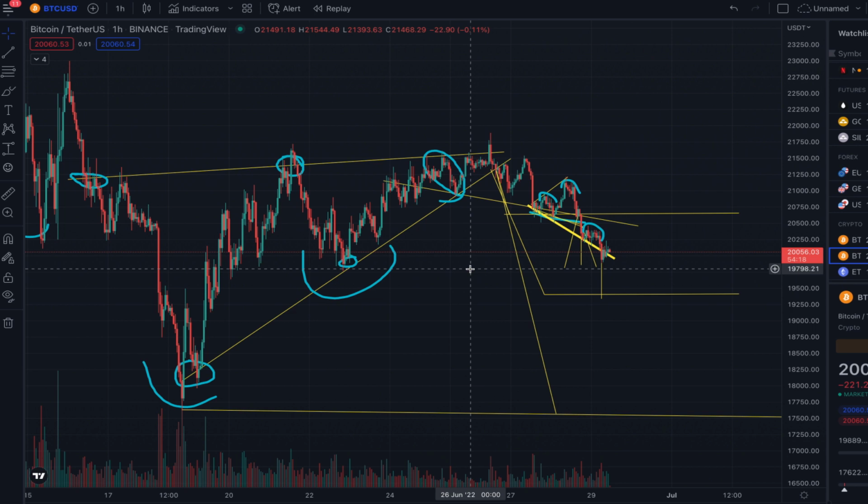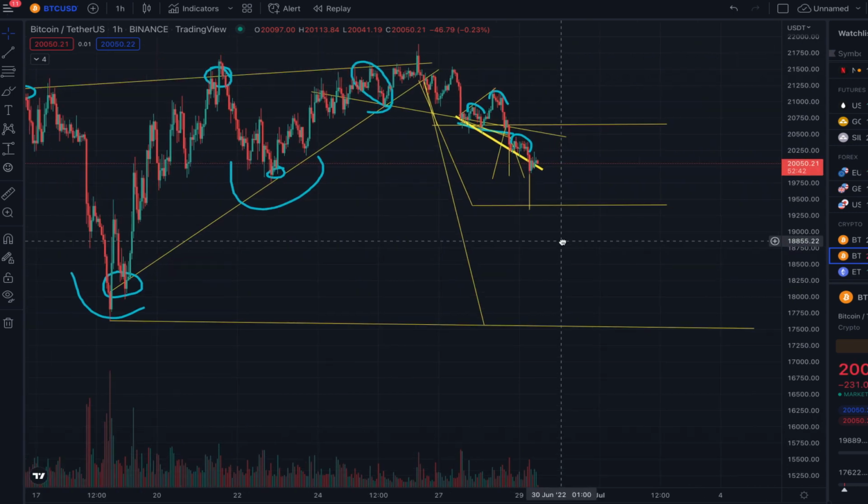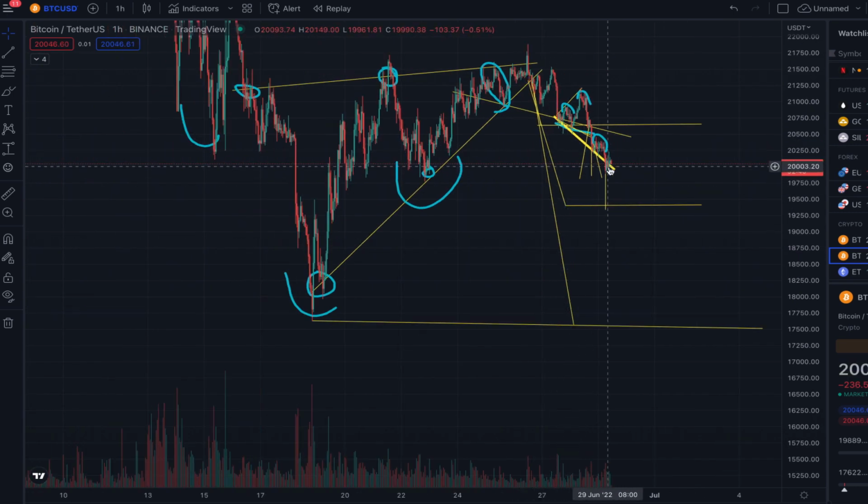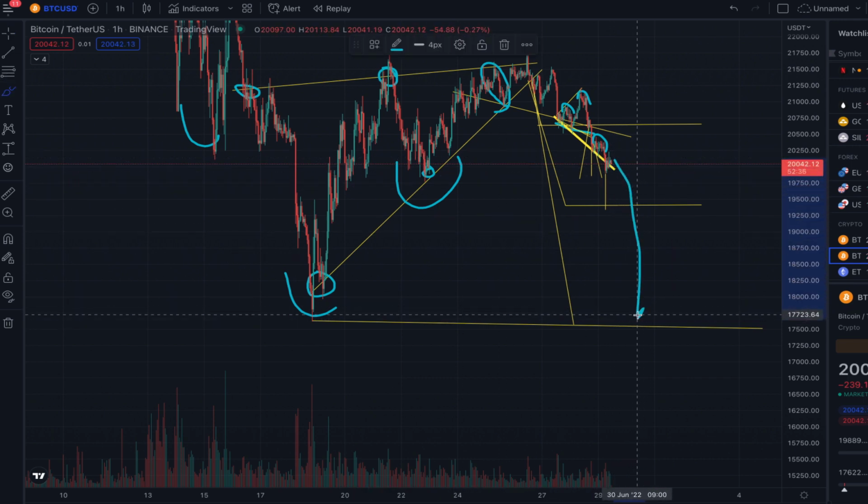But generally markets are made to go up. So this $20,000 that you see here will one day be more than $100,000 and will one day be more than $1 million.